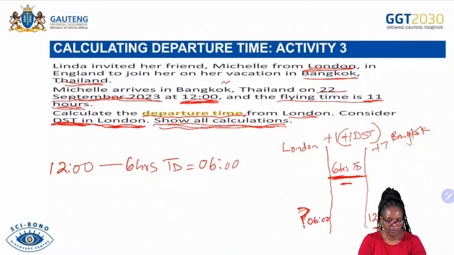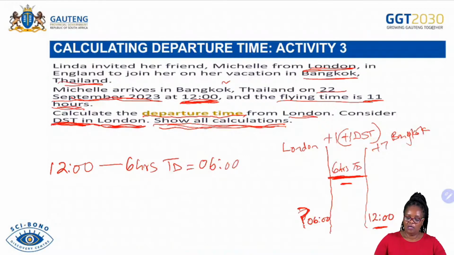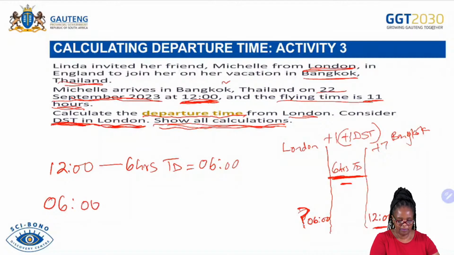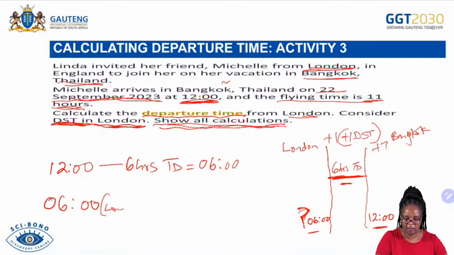After finding this, remember our main issue here is to find the departure time. When did Michelle leave London? That's the question. So we write the 0600 hours here. We know that one, it is in London, like we have mentioned.